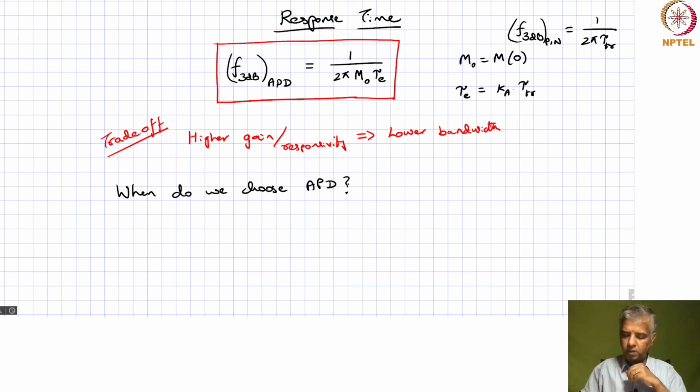Because a PIN, we know, is a simpler structure, and it has all these properties that are very well defined. There may not be as much noise; the excess noise factor that we saw doesn't come into the picture as far as a PIN is concerned, so that may be better for certain applications. So then the question is, when do we choose an APD?